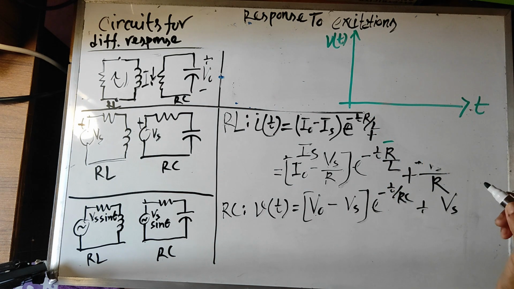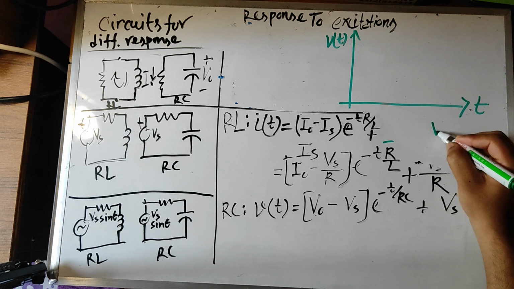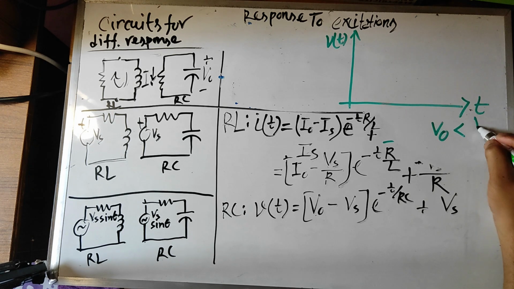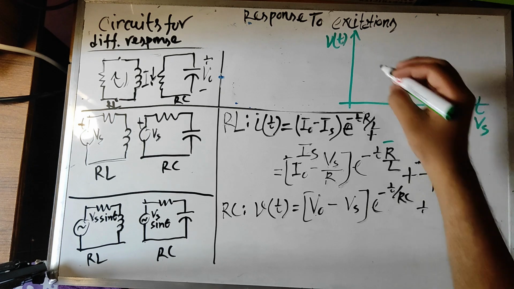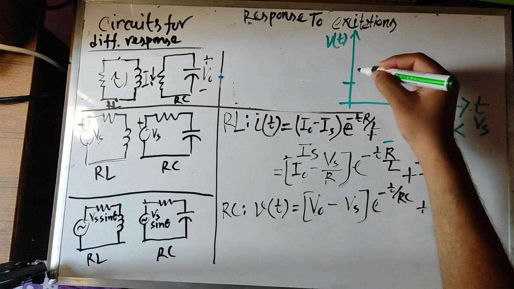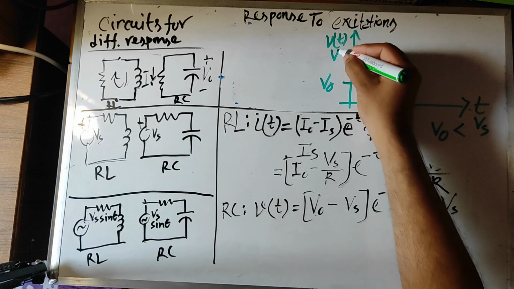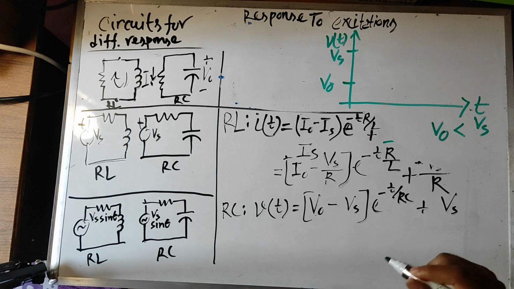So now we are observing the RC step response. Say that the initial voltage V0 is smaller than the impressed voltage Vs. So if this is the case, what will the response look like in time domain? Say this is the initial voltage across the capacitor, and this is the impressed DC voltage.